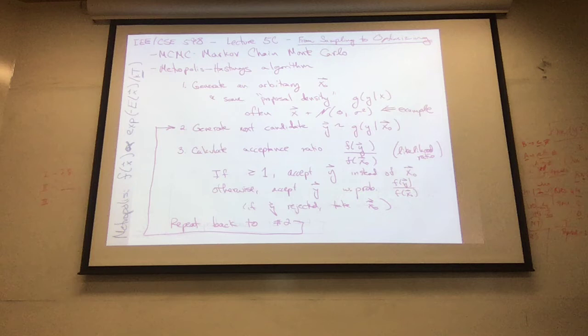We need a random generator of moves, rearrangements, and we need a quantitative objective function. And this so-called annealing schedule, which we'll get into in a second here.